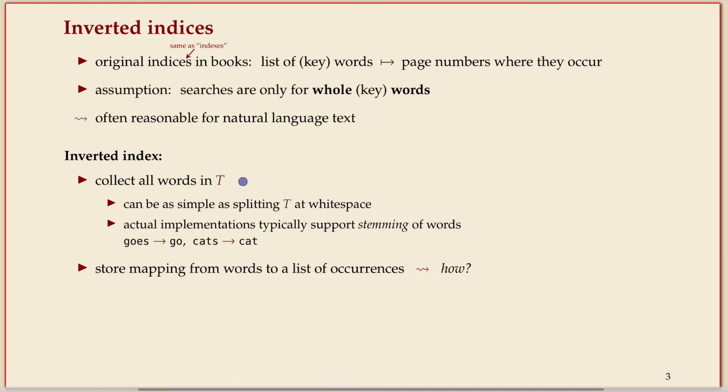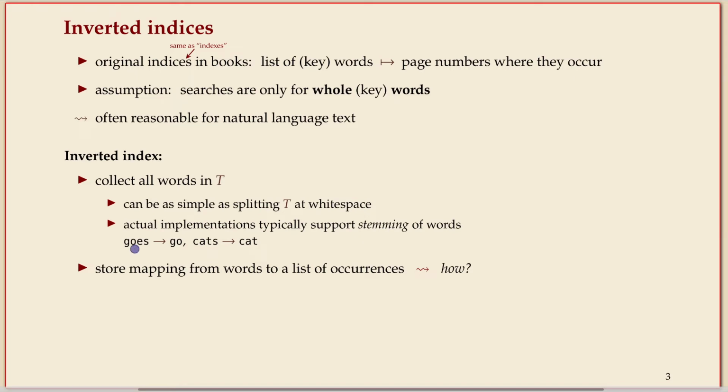So inverted indices usually go through the text, somehow have a mechanism to split that into words. Say in the usual sense, white space separates words. For natural language text or say English text, that would work fine. And often we do an additional step that we won't talk further about, but there's libraries that do that for English fairly well automatically.